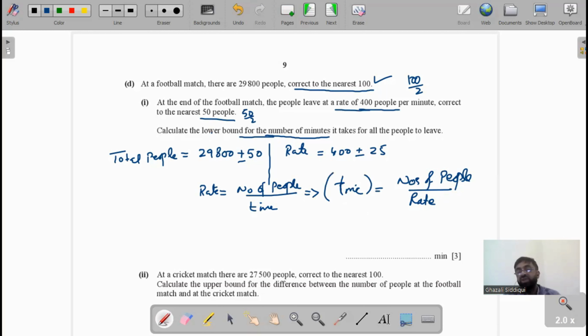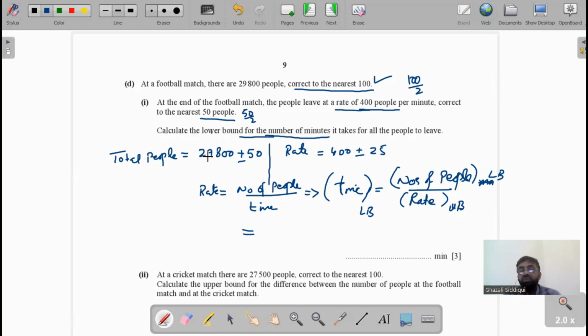Therefore, the numerator should be the lower bound value, and the rate should be the upper bound value. You can say that if you have to find the minimum value, the numerator should be the lower bound value and the denominator should be the upper bound value.